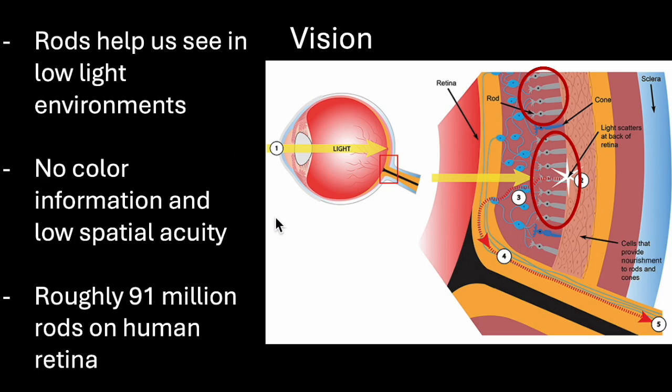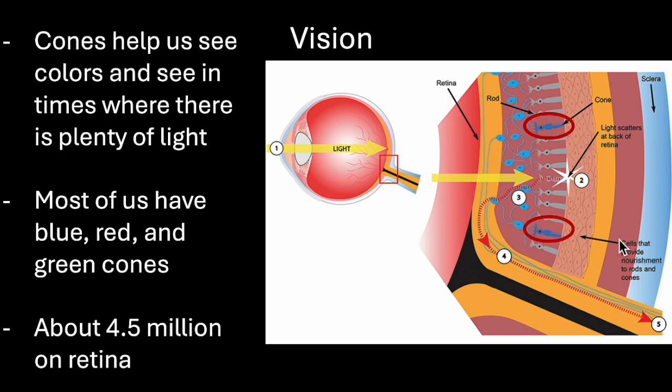These rods have no color information at all, and feature very low spatial acuity. So if we were just visualizing with our rods, everything would be kind of blurry in comparison to how we normally see. And there's roughly 91 million rods on the human retina. Cones, on the other hand, allow us to see color.